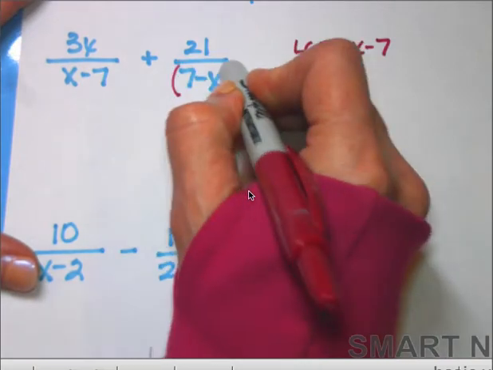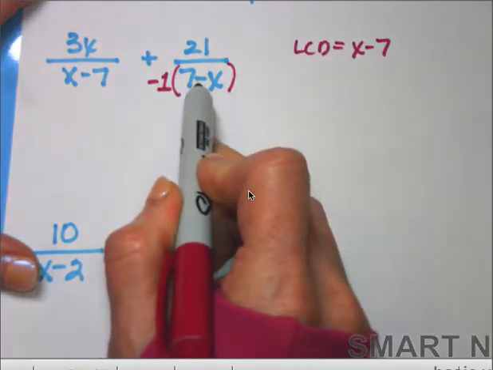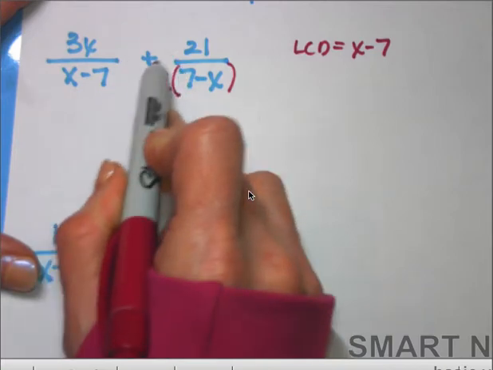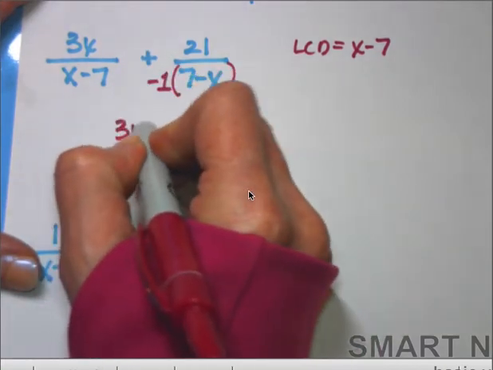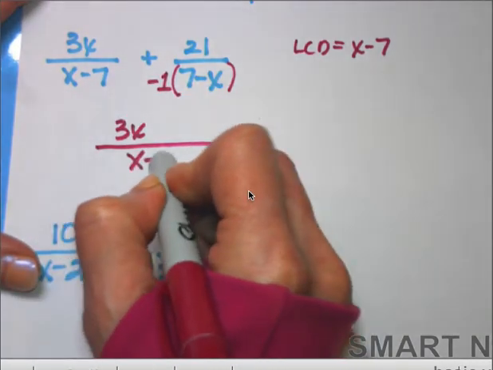If I introduce that factor of -1 into the problem, it's going to introduce an additional negative sign to the problem. I've got a numerator of 3x, and I'm going with a common denominator of x minus 7.